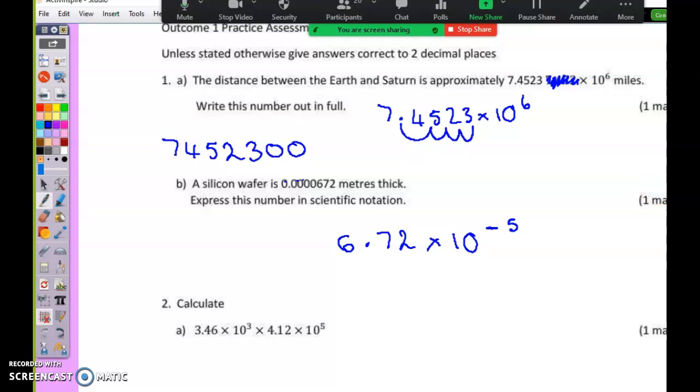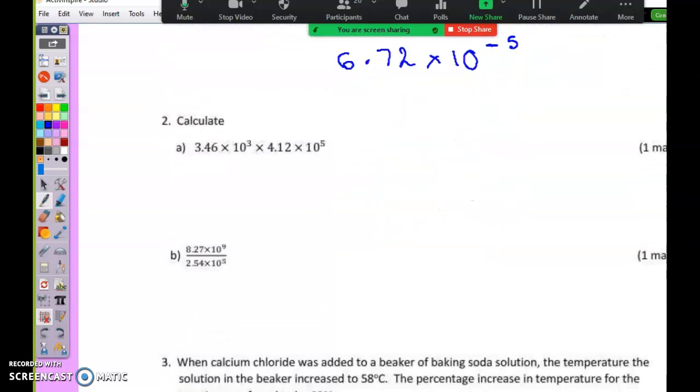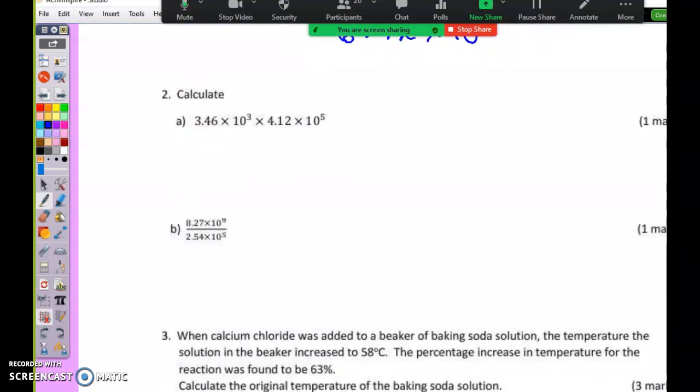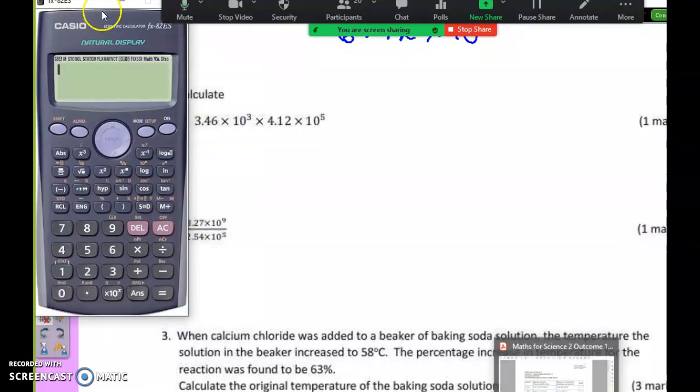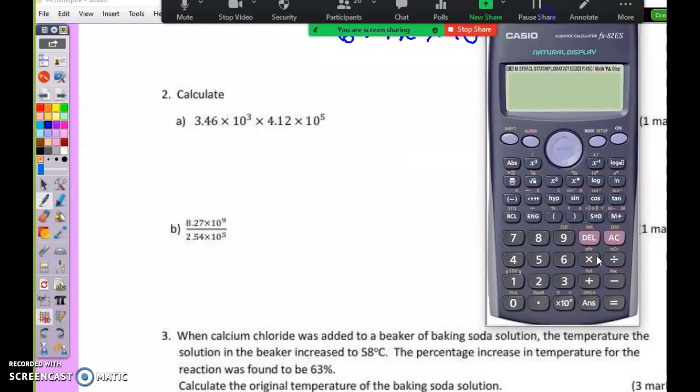Question 2, we're using our calculator to answer a scientific notation question. So we're doing 3.46 times 10 to the power of 3. Get the calculator going. I've got my times 10 to the power of button here. Then I put in my 3, times by 4.12 times 10 to the power of 5.